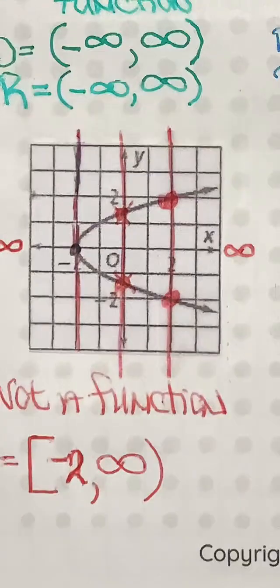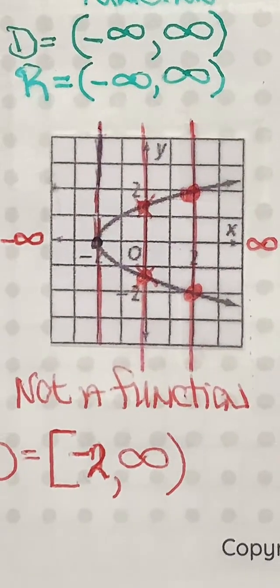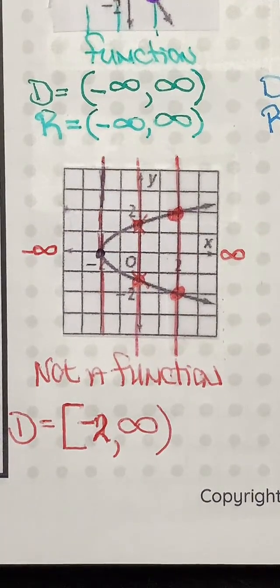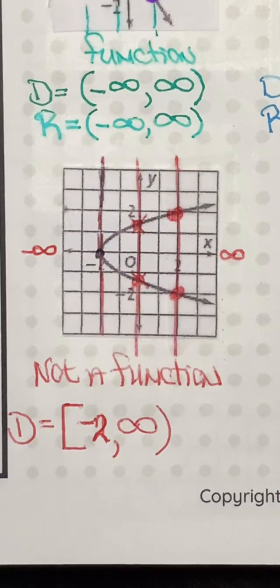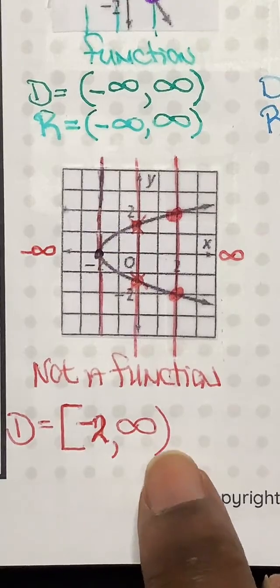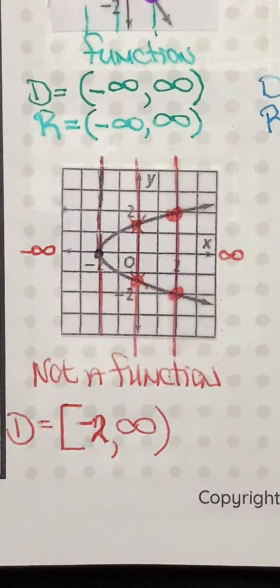Going to the left is negative infinity. Good. So I can represent my domain in interval notation because this is a continuous graph. We can represent numbers in between 0 and 1 perfectly fine.